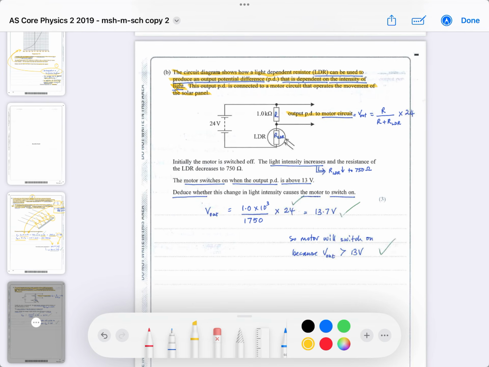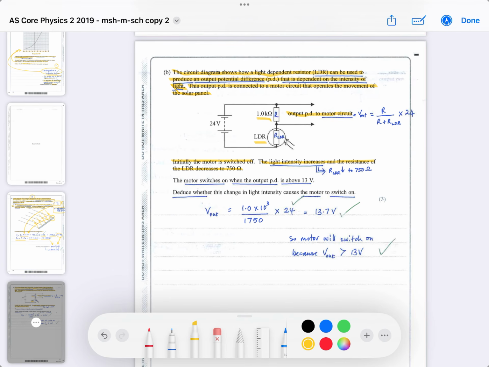So we've got 24 volts across 2 resistors. One's a light-dependent resistor, and the other's a fixed resistor. Yeah? So initially the motor is switched off, and the light intensity increases, and the resistance of the LDR decreases to 750.